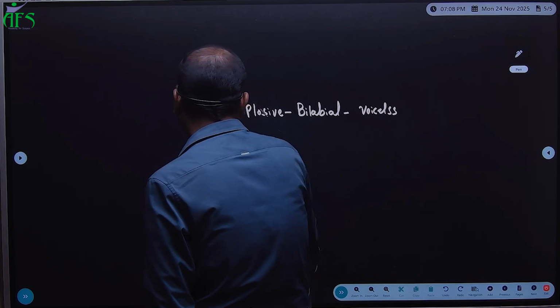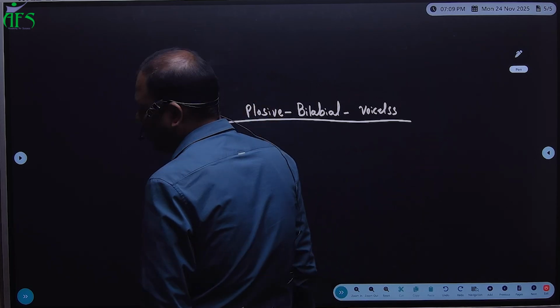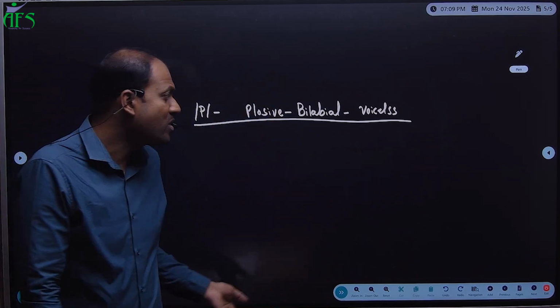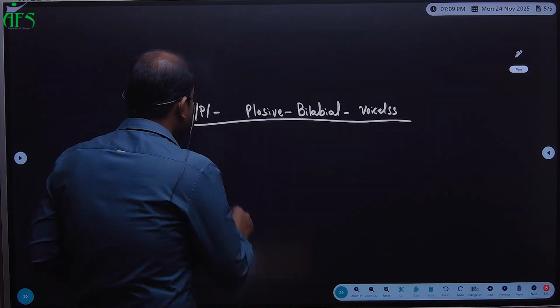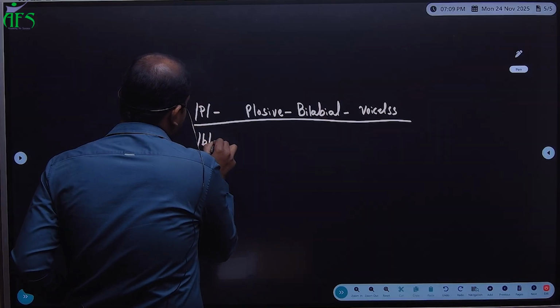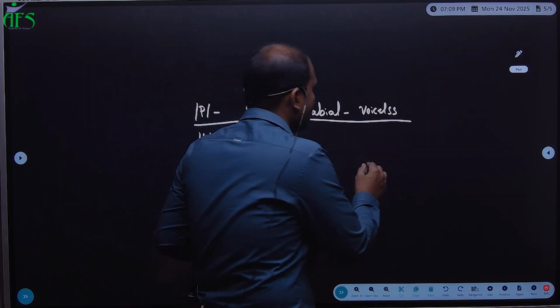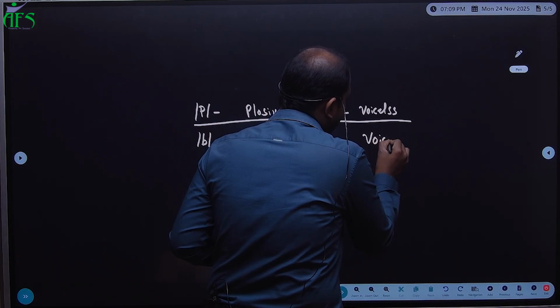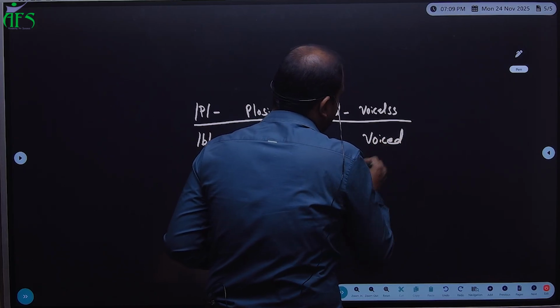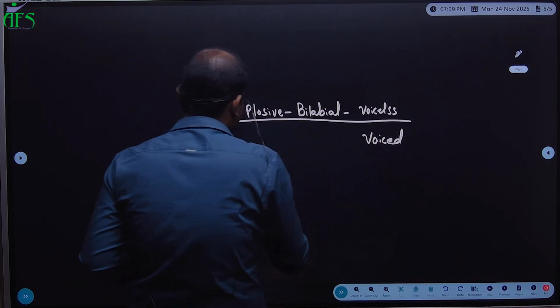That's the description of the sound p. If I go with b, b is plosive, bilabial, voiced. The change will be here: this is voiceless, this is voiced.